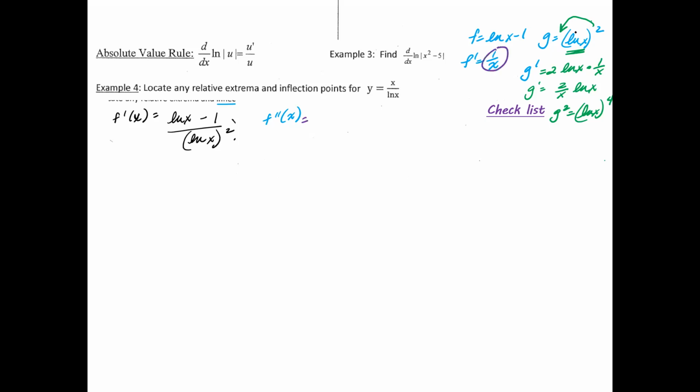So f prime times g is just going to be ln x squared over x, or 1 over x times ln x squared. Okay, that's f prime times g. Minus, now what you're going to do is f times g prime. So I will have ln x minus 1 times 2 over x ln x.